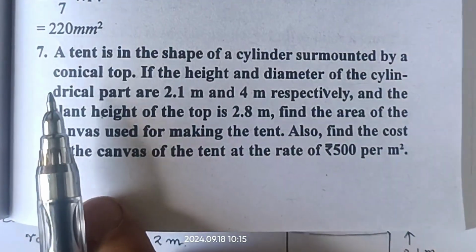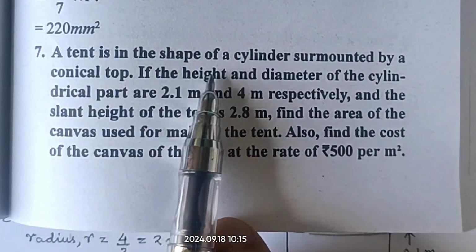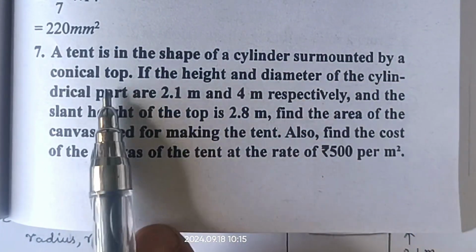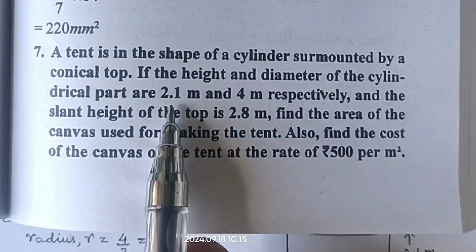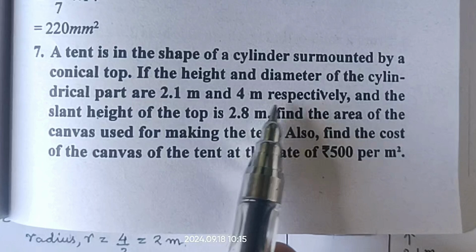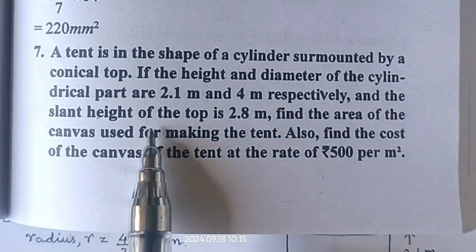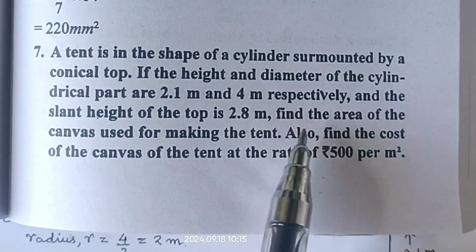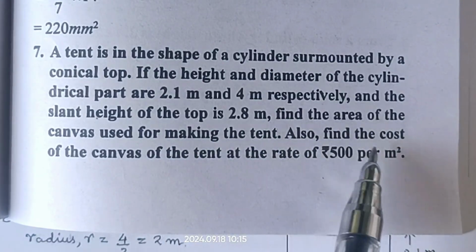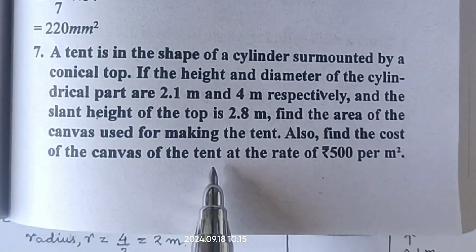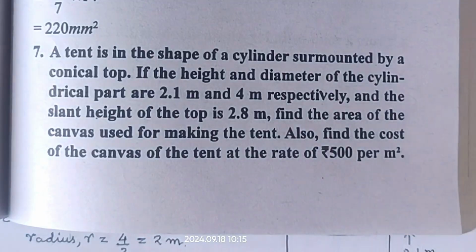In question number 7 it is given, a tent is in the shape of a cylinder surmounted by a conical top. If the height and diameter of the cylindrical part are 2.1 meter and 4 meter respectively, and the slant height of the top is 2.8 meter, find the area of the canvas used for making the tent. Also find the cost of the canvas of the tent at the rate of rupees 500 per meter square.